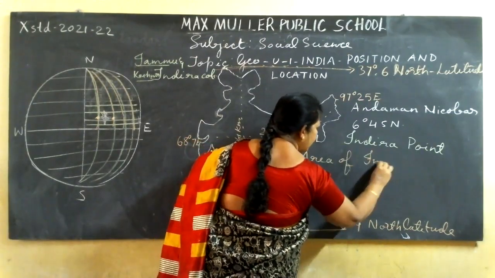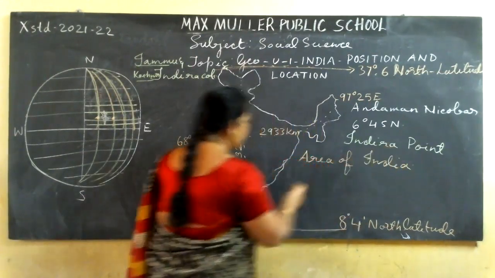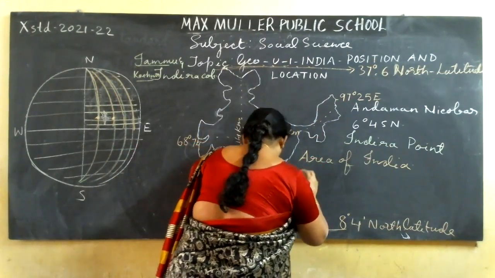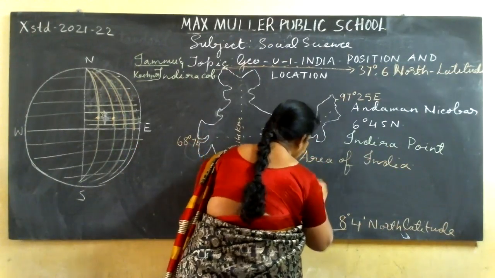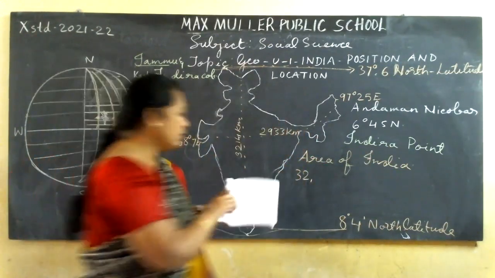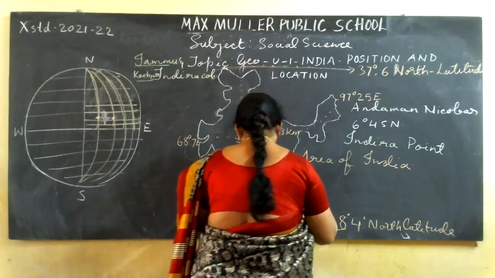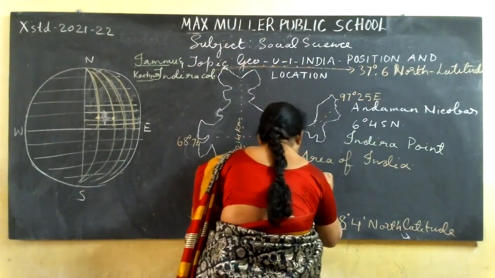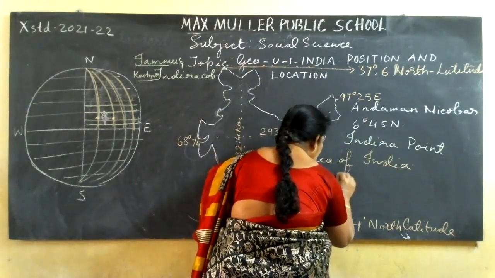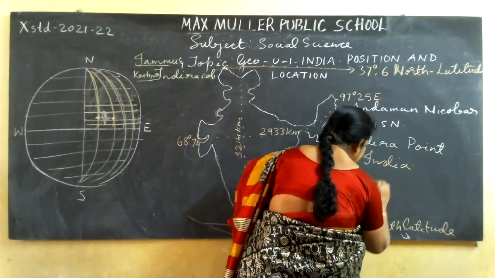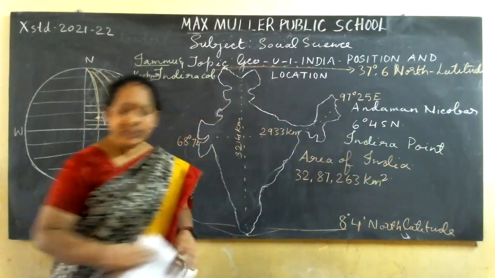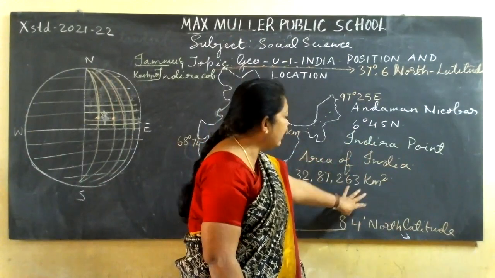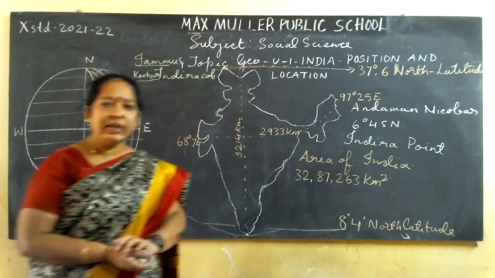Area of India is 32 lakh 87,263 kilometers square. So how much is it? 32 lakh 87,263 kilometers square is the area of India.